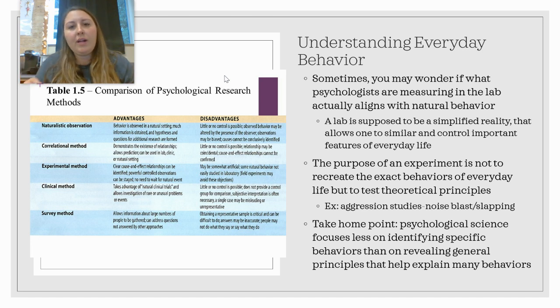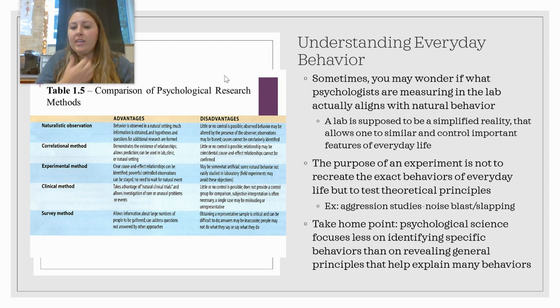Well, giving a noise blast to someone is a different behavior than slapping someone in the face, right? But it still gets at that underlying principle of aggression. If you're willing to do that to somebody, it probably makes you a little bit more likely to also be willing to slap somebody than somebody who wasn't willing to do any of that at all.